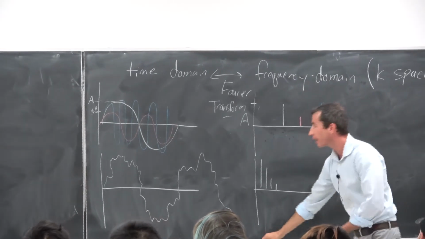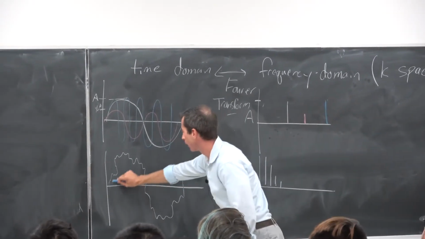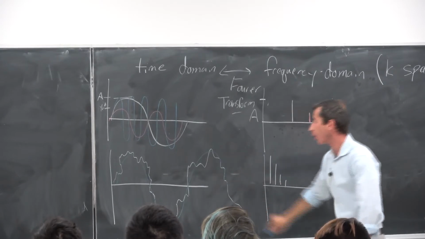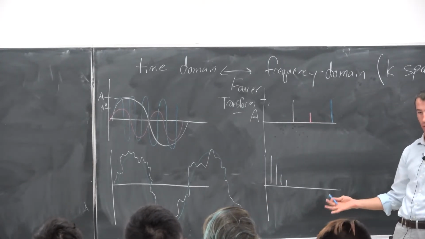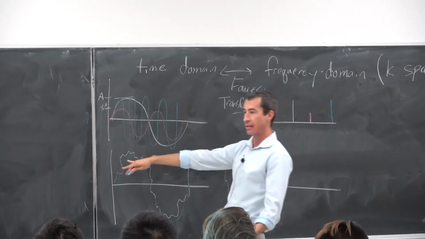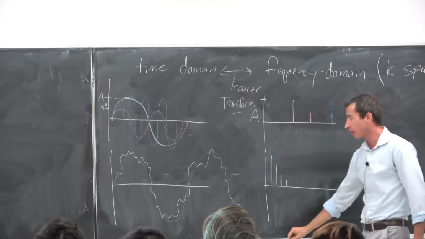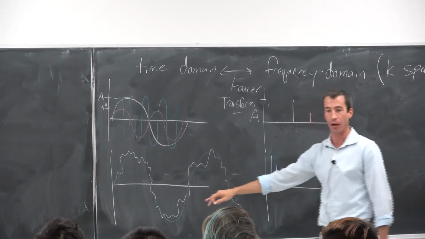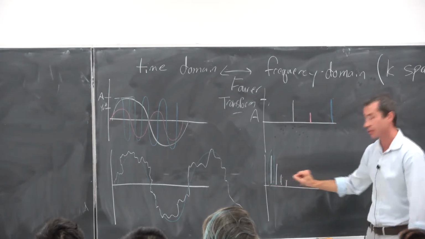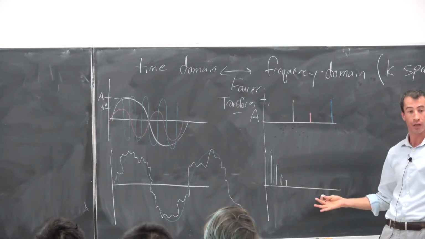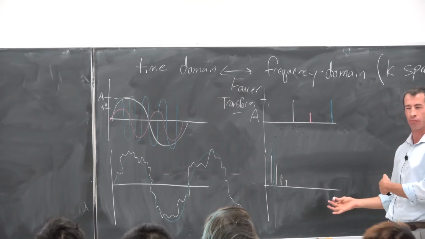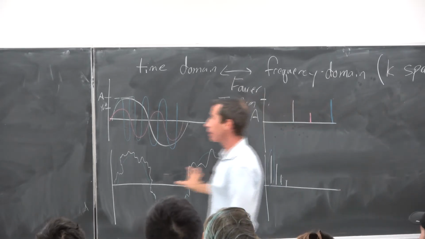There's one here that's kind of dominating. That one is by far the primary contributor to this messy signal. So that is this one. But then there's other stuff going on here, and that's these smaller amplitude other frequencies. Okay? So that is kind of what this is.